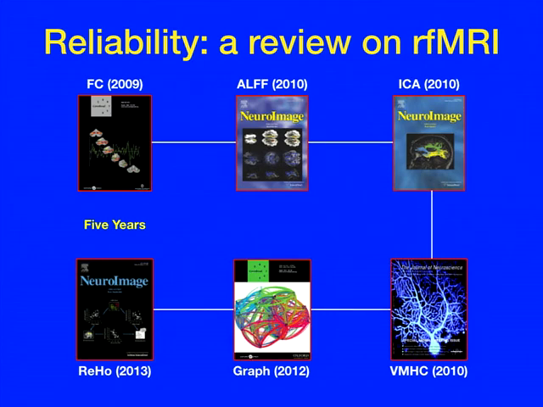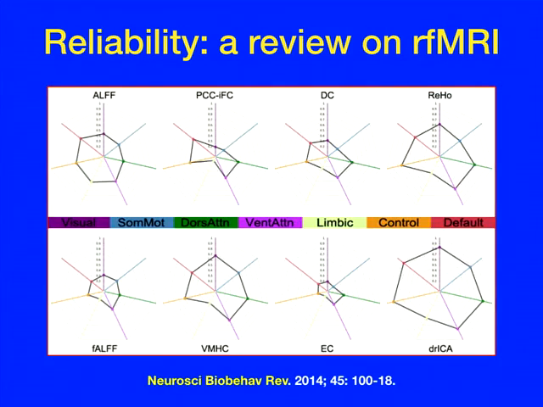I published these papers for different resting state fMRI metrics. I don't want to show the maps from each paper, so I just did a meta-analysis based on those ICC maps to see how reliable these metrics are.